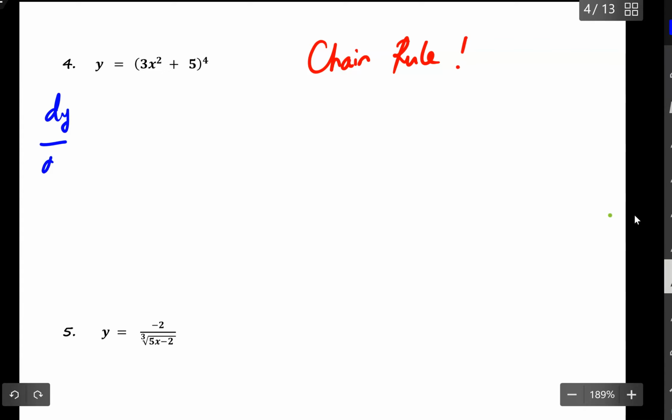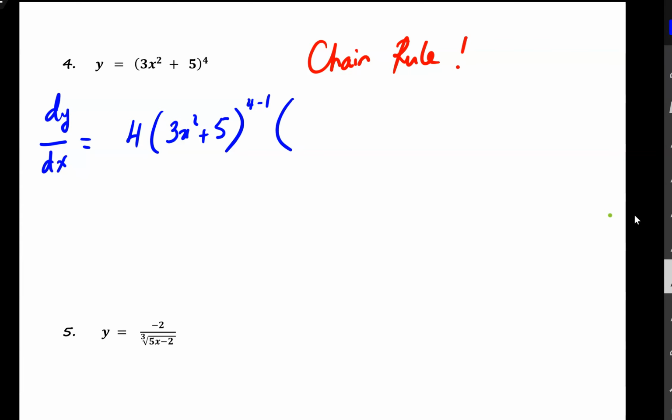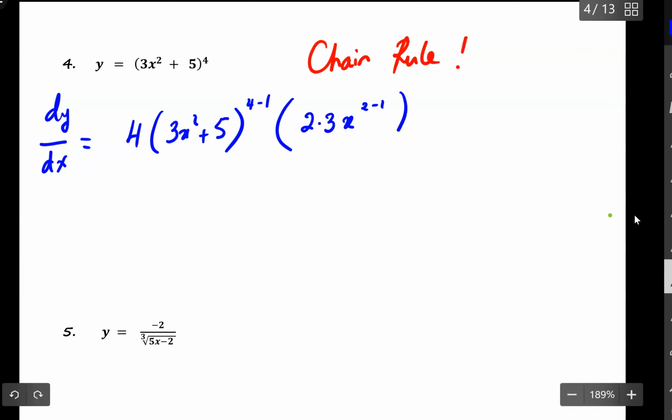So dy over dx is equal to 4 times 3x squared plus 5. At the same time, I will take 1 away from the exponent, and I also multiply by the derivative of what is inside the brackets, right? So I will take 2 times 3x to the 2 minus 1.